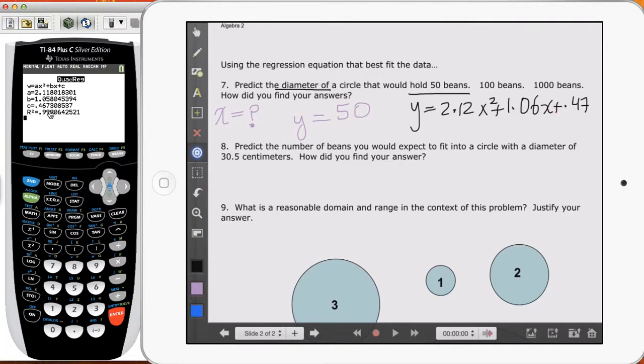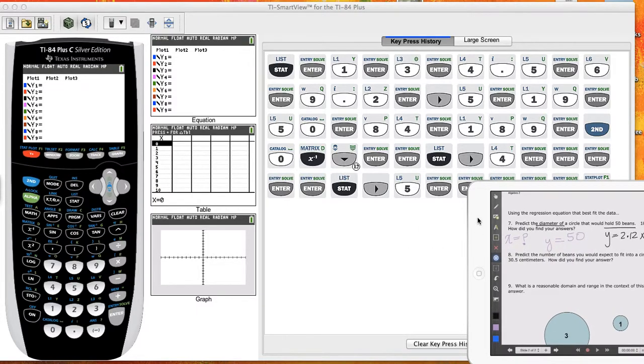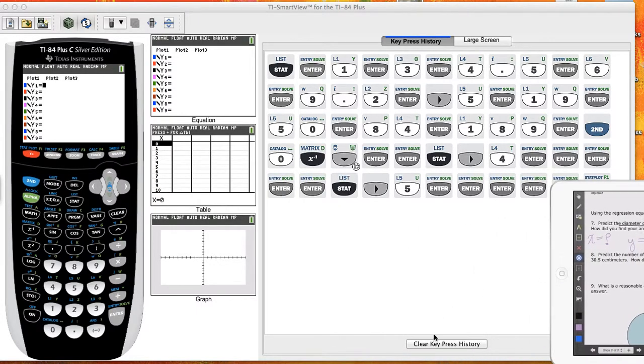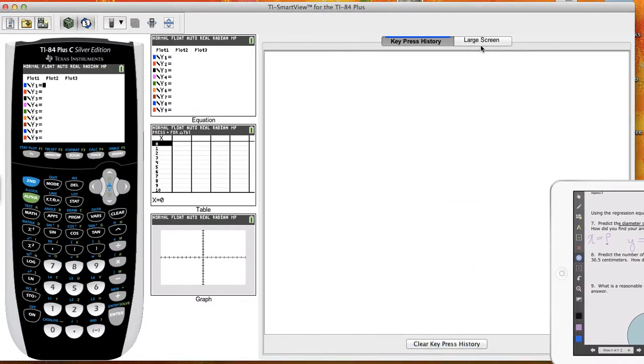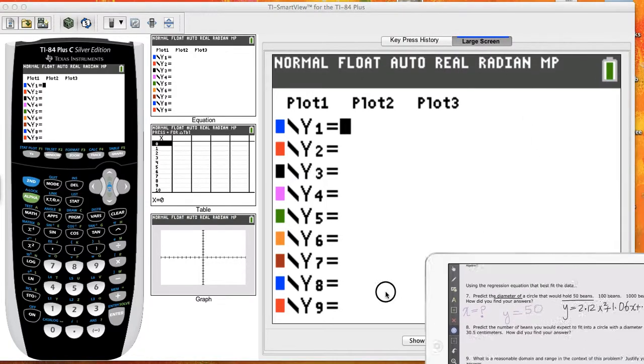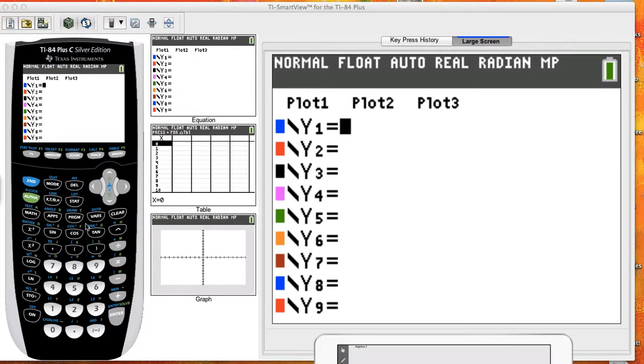It's going to be very hard to solve it, so then let's go to our calculator. How can we do that? Now you go to y equals, let me make this smaller so you can better see. Go to a larger screen so you can see what I'm typing. So I'm going to go to y1. I'm going to input the data that I just got, which is 2.12x squared.